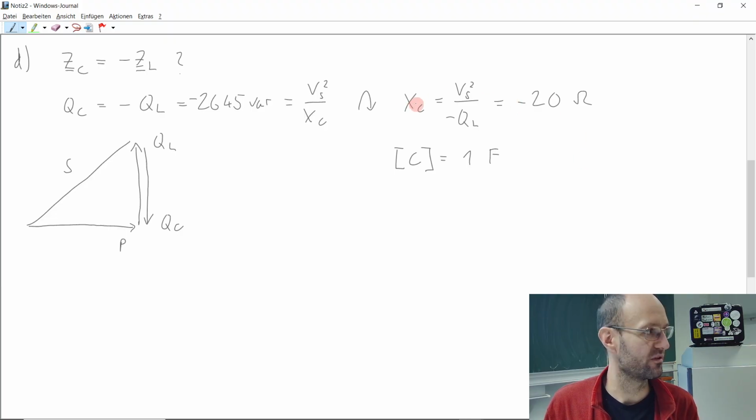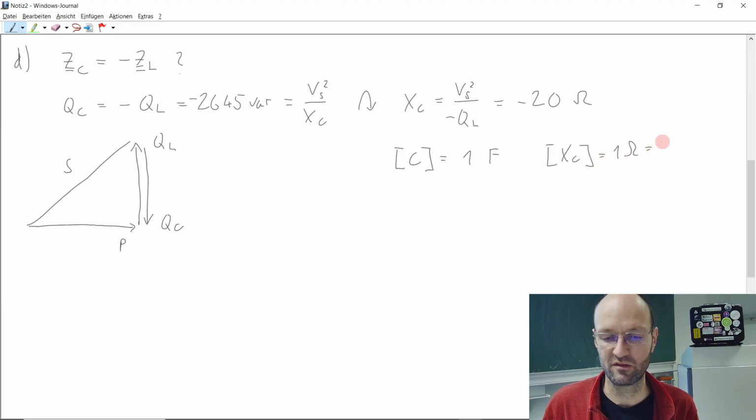So the unit of this Xc should be 1 ohm, and it's the same as 1 volt divided by 1 ampere. And of course, we should also get it from these units here. The unit of the voltage is volt, but we have the volt squared, and the unit of this reactive power is volt ampere reactive, which is essentially volt times ampere. So 1 volt will cancel with 1 volt, and then we get volt divided by ampere, and this is ohm. So here we get minus 20 ohm.